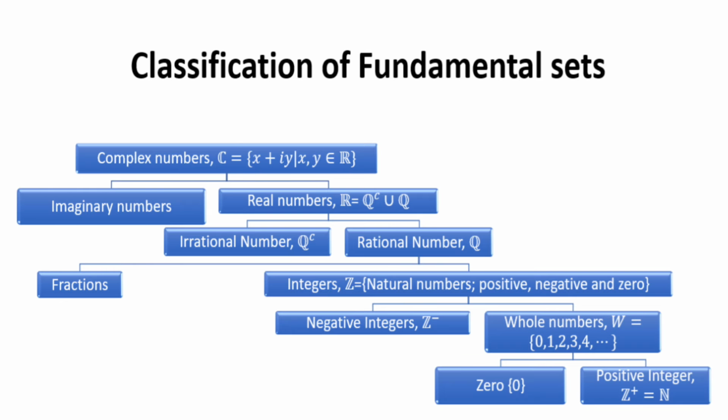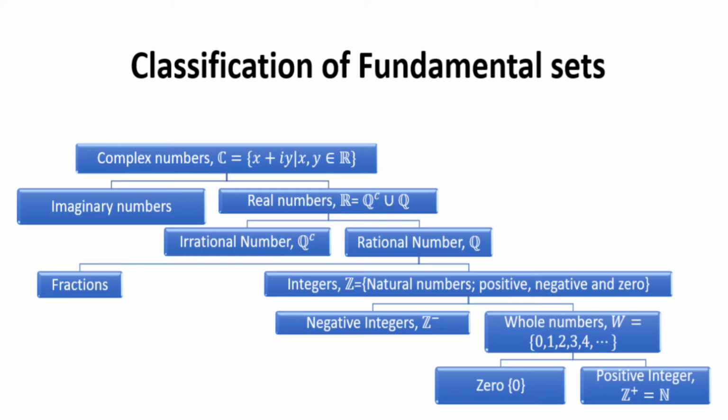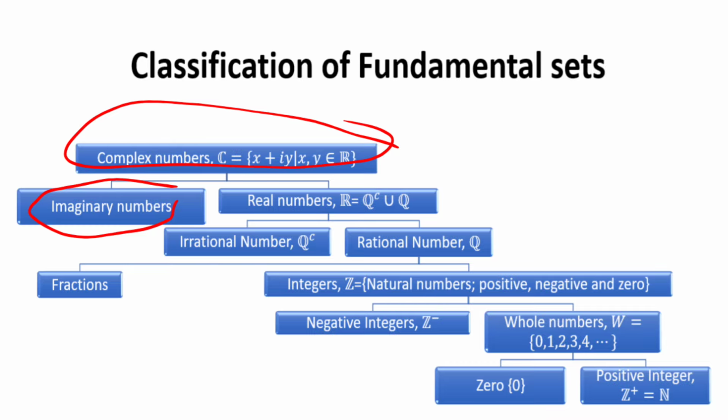This diagram shows the different kinds of numbers and how you can see them pictorially. You have the complex numbers, which have the imaginary part and the real part. Under the real part, we have the irrational and the rational numbers.